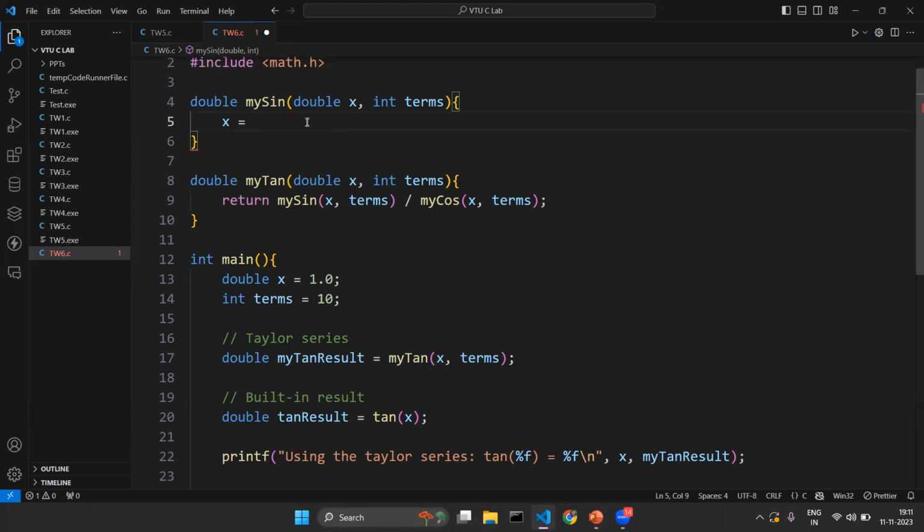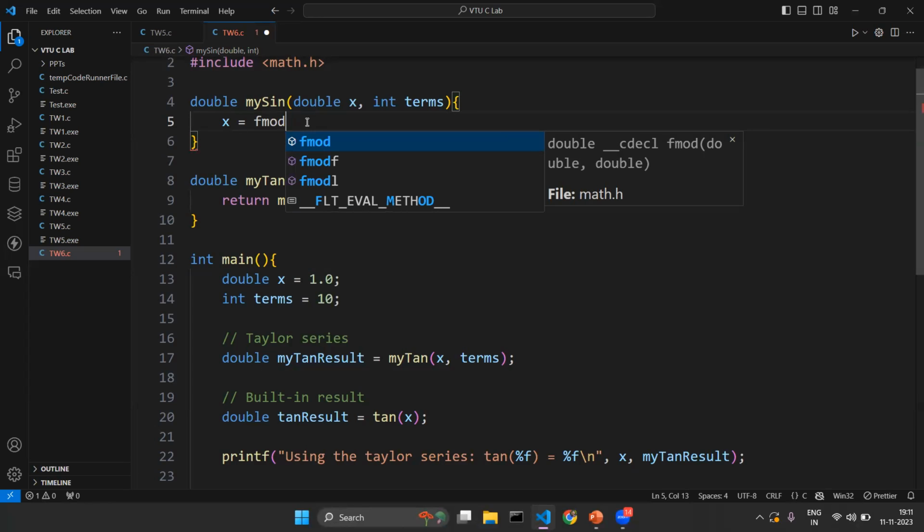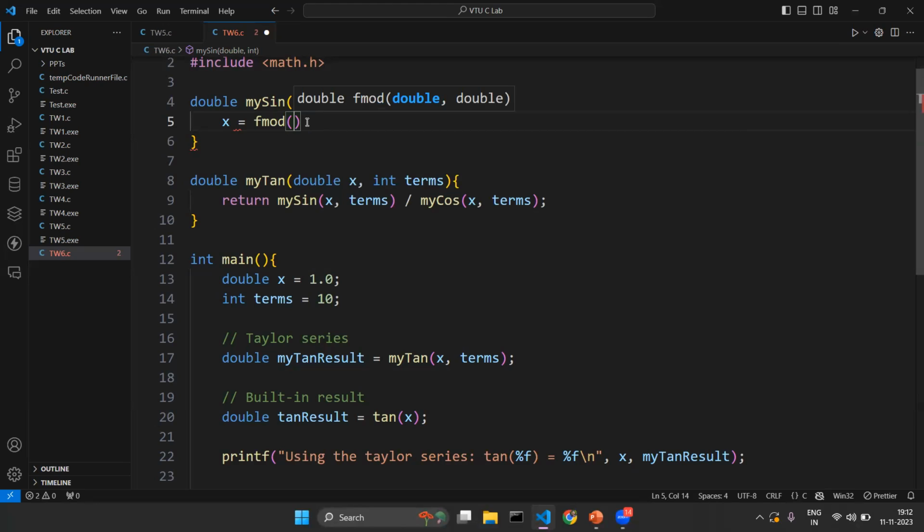Basically, we are setting the value of x so that it can be in the range of 0 to 2 pi. So how do we do it? We use the fmod function. The fmod function is popularly known for finding floating modulus. Floating modulus helps in normalizing angles to a specific range.